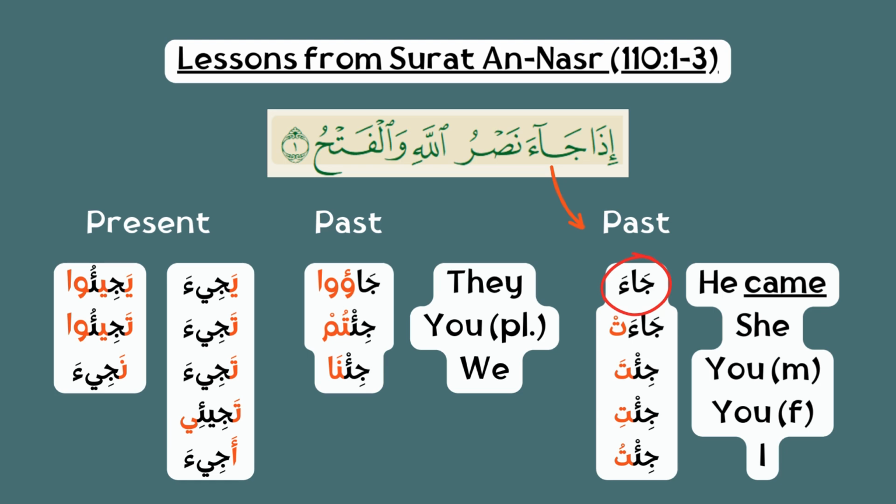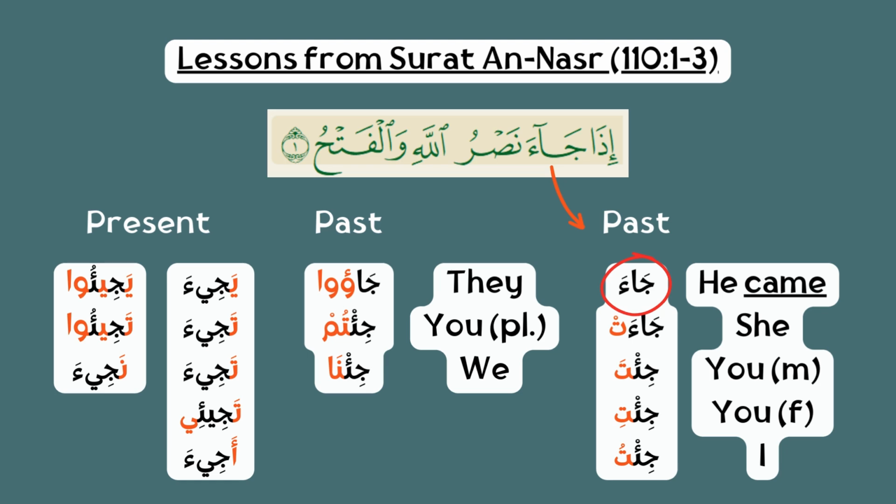Okay, in the present, you're adding prefixes in some cases and also prefixes and suffixes at the end. So something before the root letters and something after the root letters. So basically you can see that format in all the verbs really.